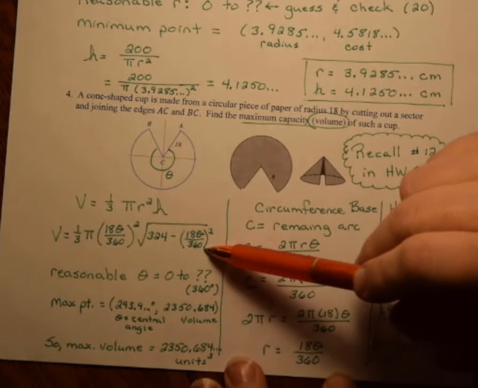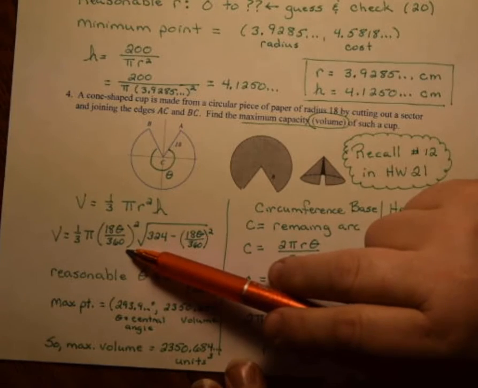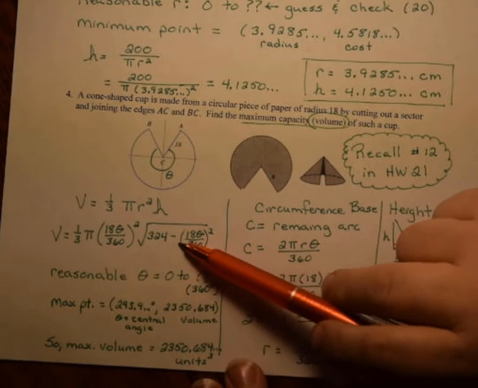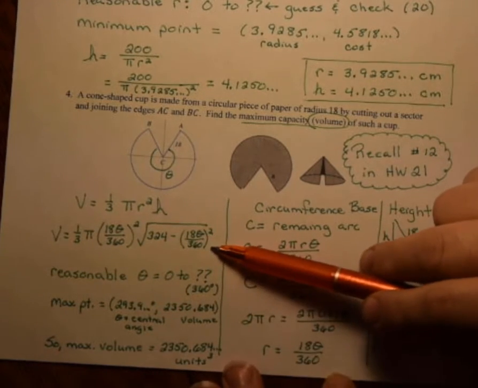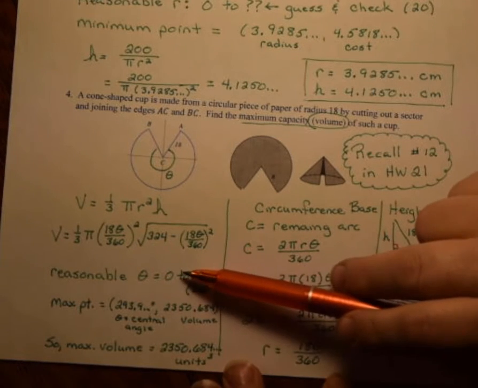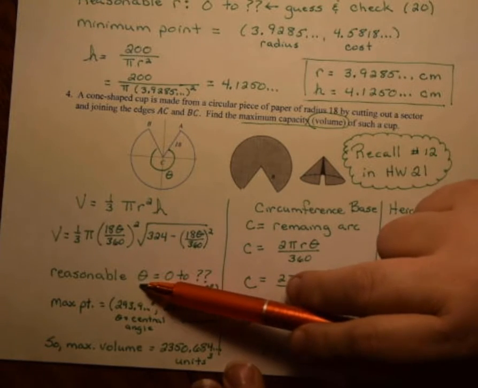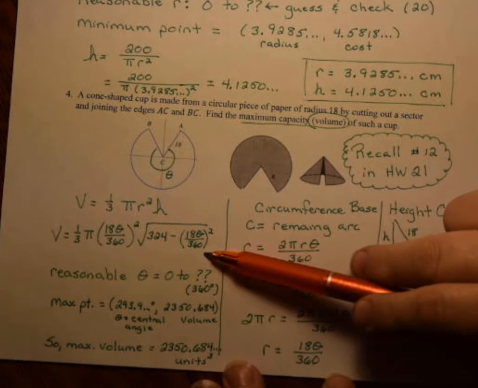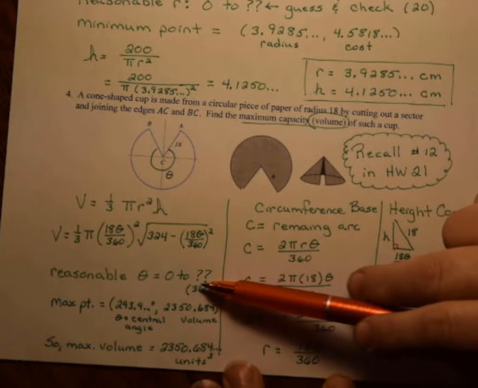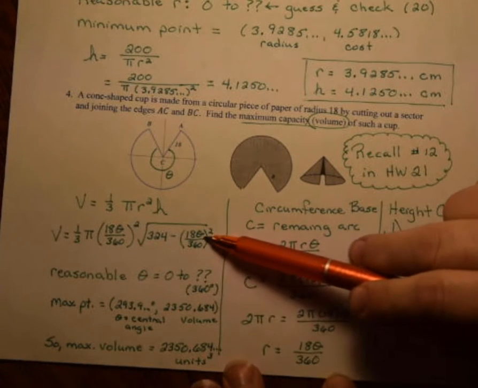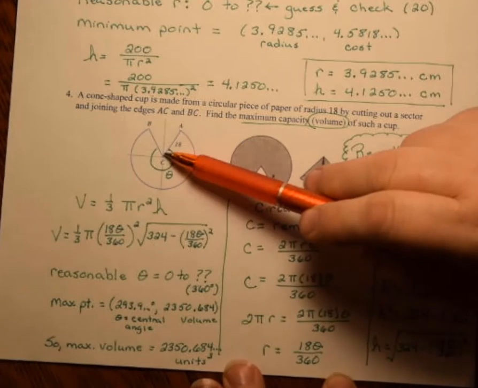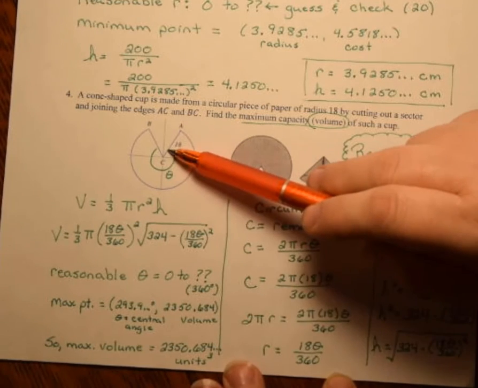So now we have an equation with just thetas. So we can type that in our calculator. Once we type this equation in our calculator, we need to find some reasonable values for theta. Theta is this angle, and the smallest it could be is 0, which doesn't make a whole lot of sense.